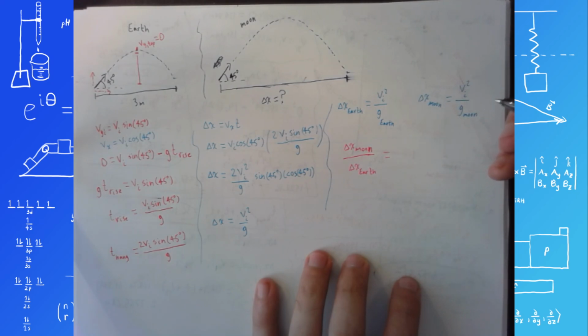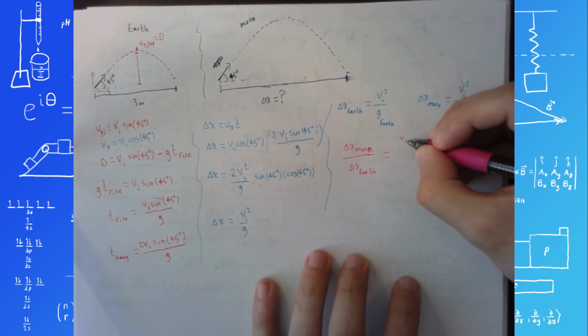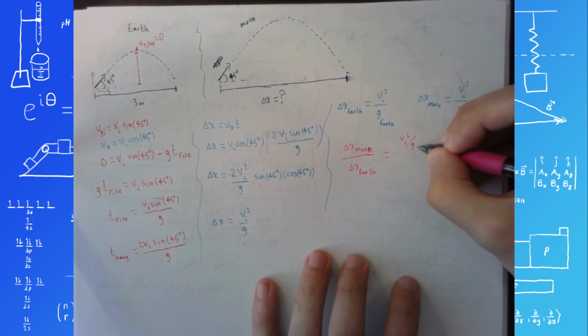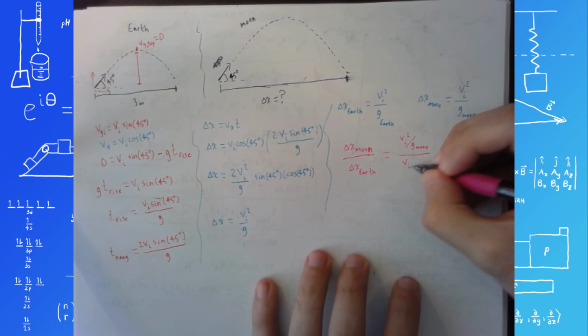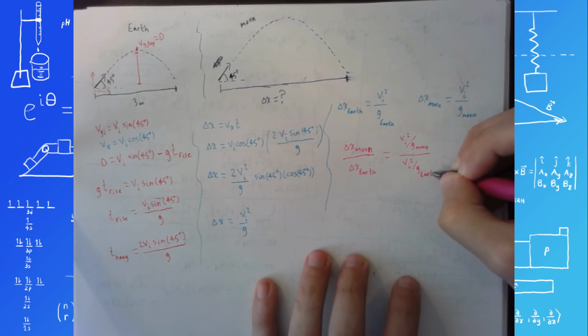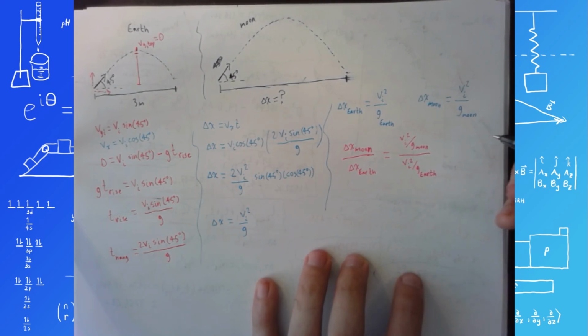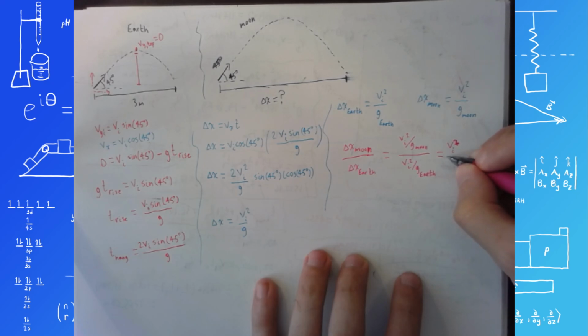So that would be v initial squared over g moon, over v initial squared over g Earth. V initial squared will cancel out. If you don't see that, then I can rewrite this as numerator v initial squared over g moon, times the reciprocal of the denominator.